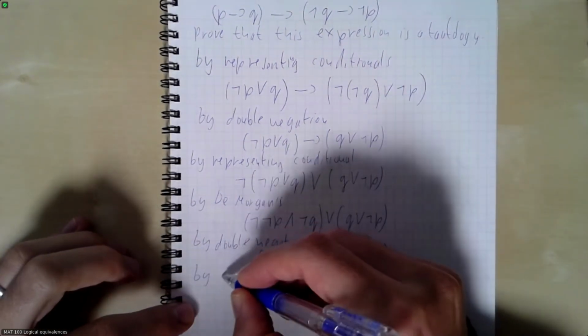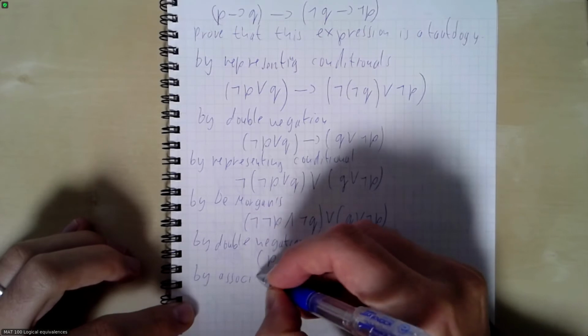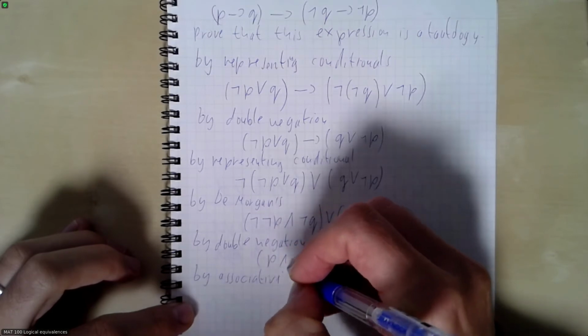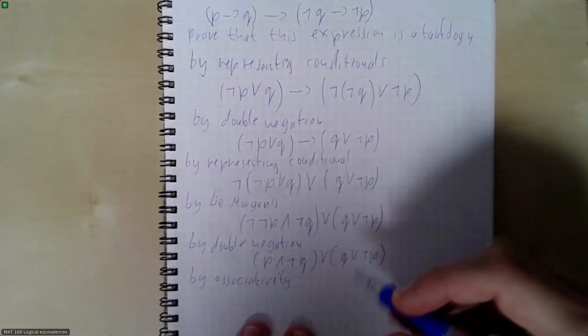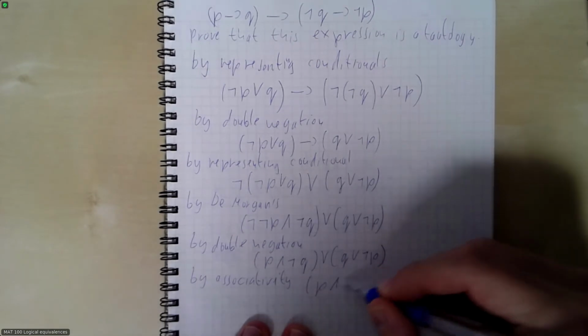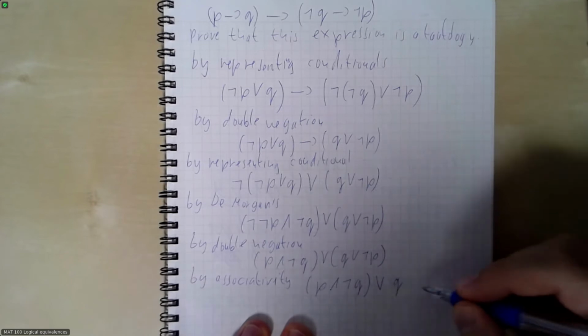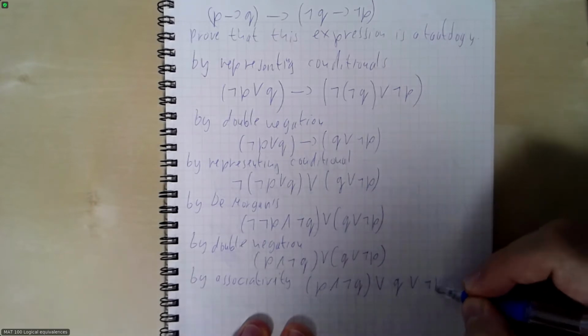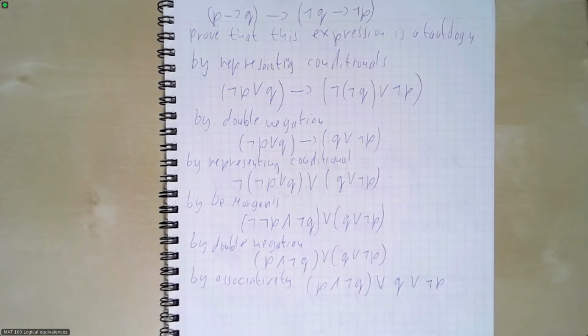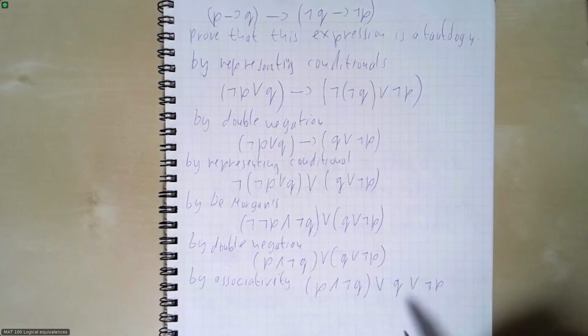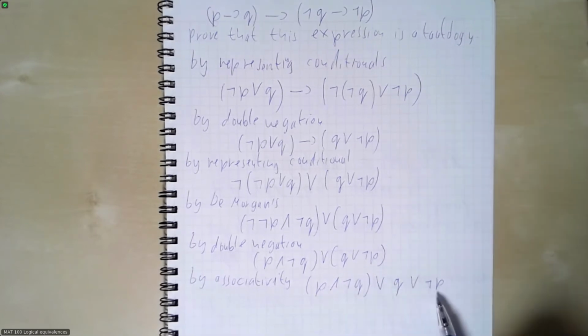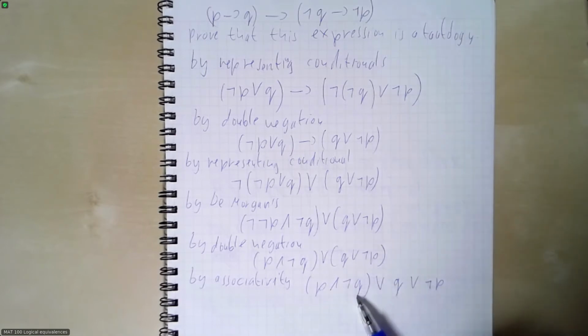Because it is an associative operation, I can just say that P and not Q, or Q or not P. That looks good, because we have P inside and not P outside, and we have not Q inside and Q outside.